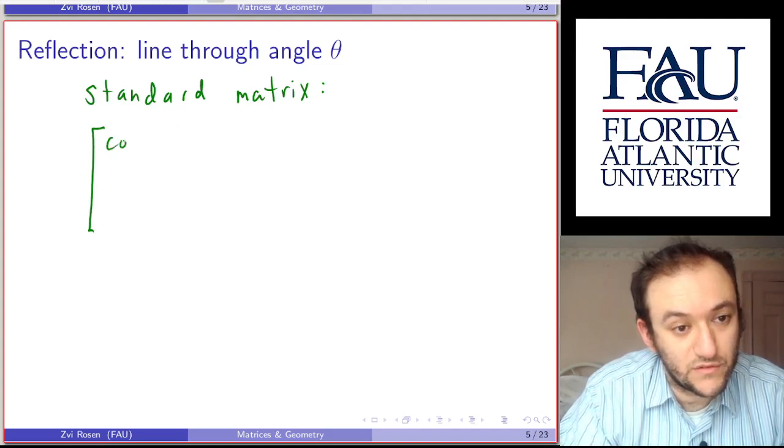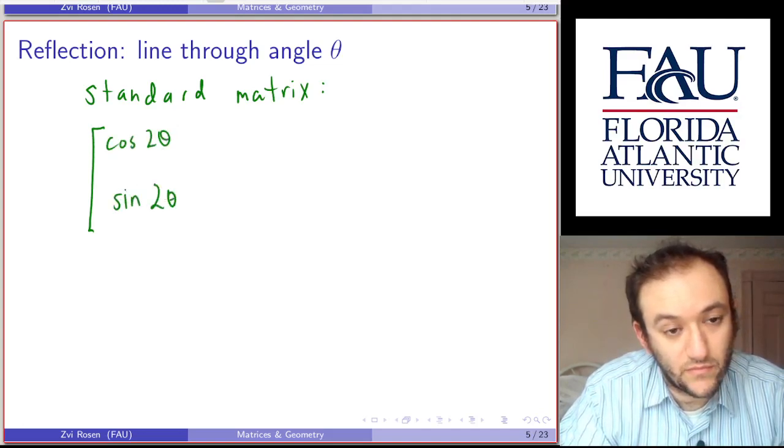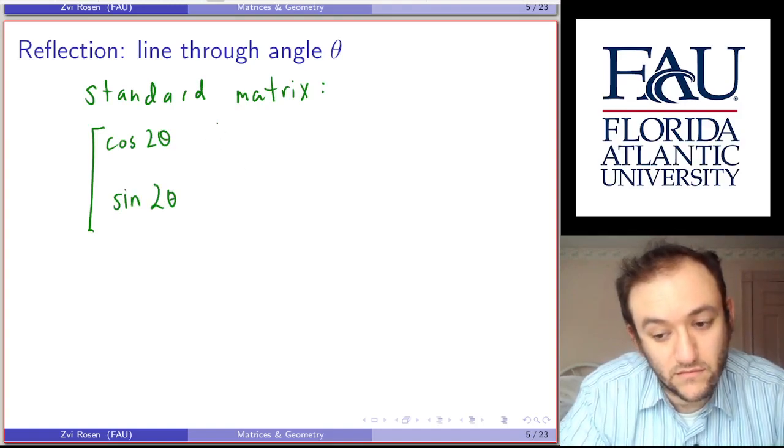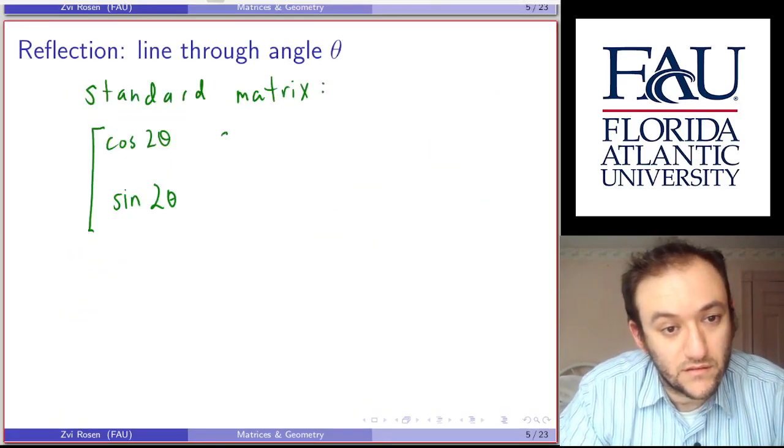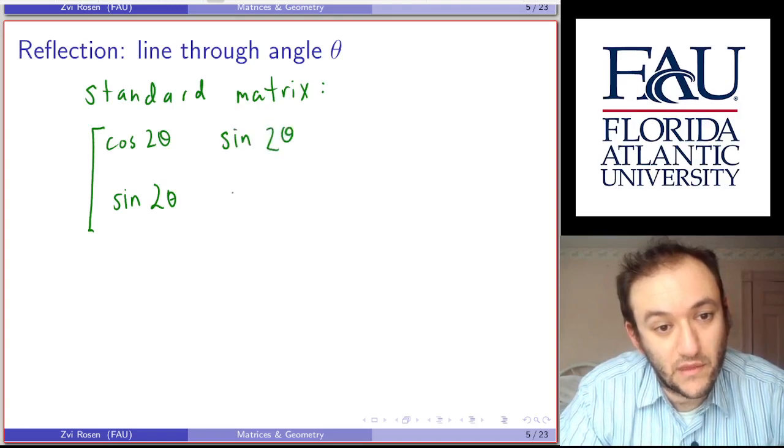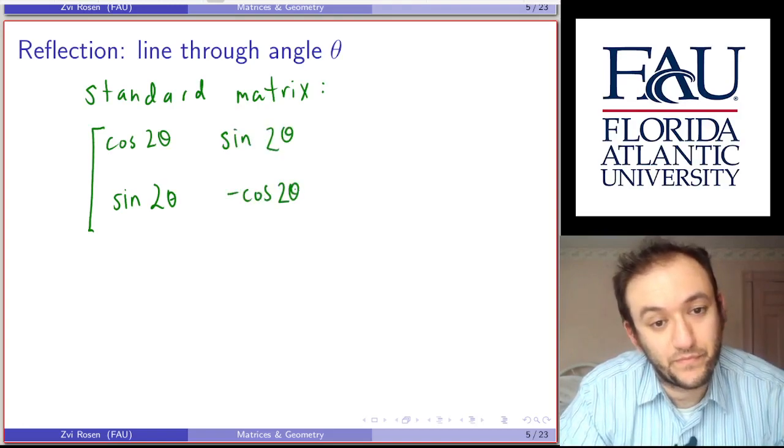Sorry, this should be cos 2 theta, sine 2 theta, and sine 2 theta, minus cosine 2 theta.